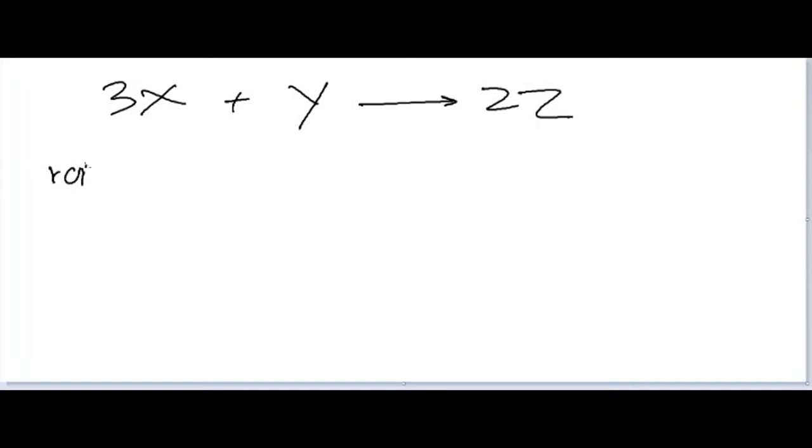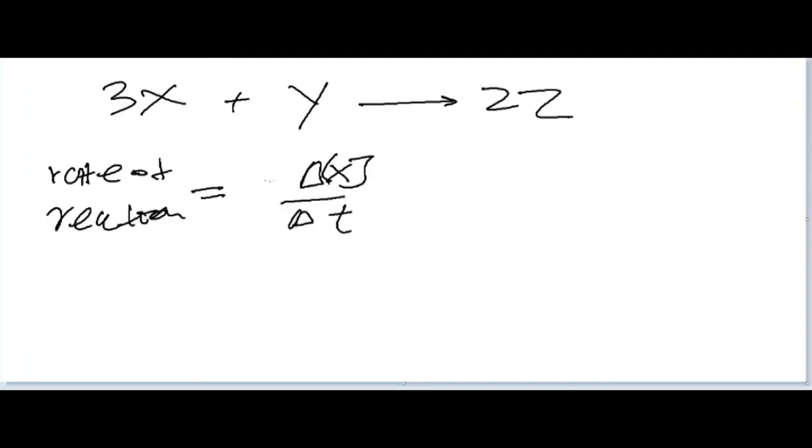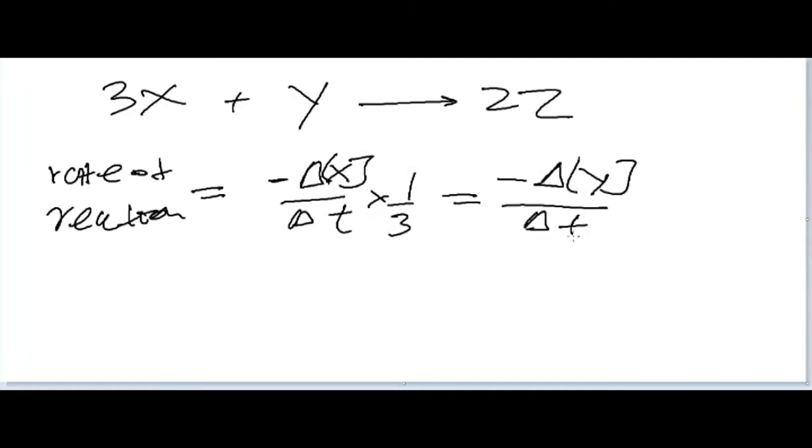According to that relationship we can write the rate of reaction equal to negative delta X over delta T into the stoichiometric ratio 1/3, equal to negative delta Y divided by delta T with stoichiometric ratio 1, no need to mention it here, and here positive delta Z concentration divided by delta T into stoichiometric ratio 2.